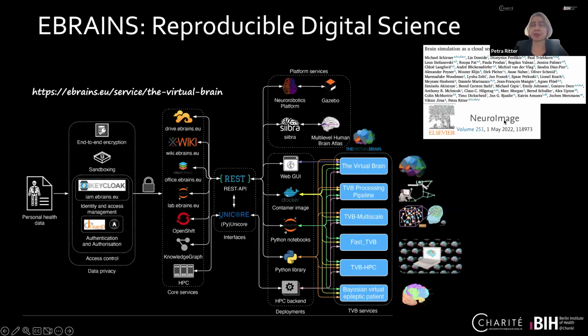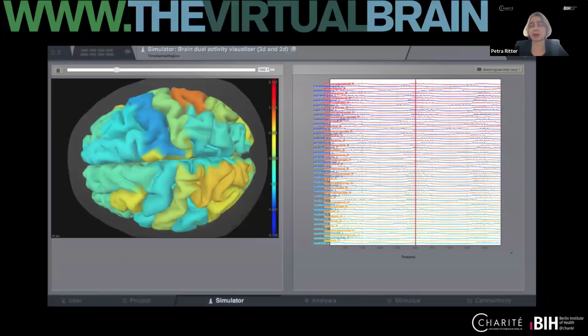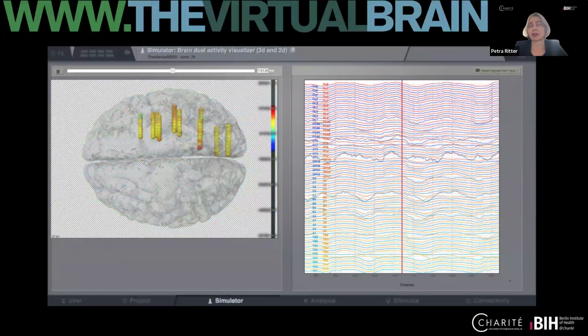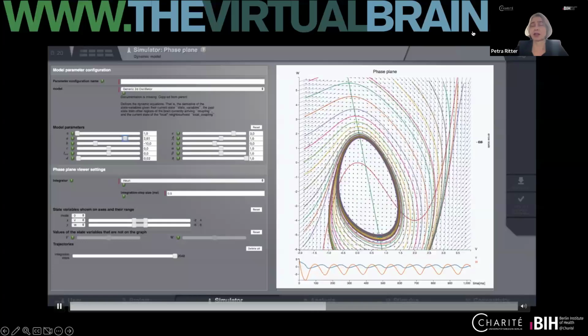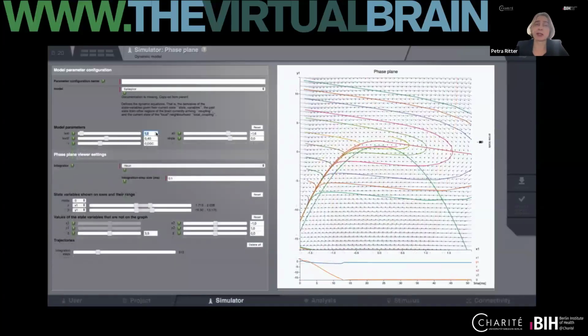So this is described in this publication in case you want to see the details, but I give you a couple of examples. The core software, the virtual brain, that you can also find under the URL thevirtualbrain.org, can be directly accessed on eBrains. So this is a graphical user interface. Here you see the URL. Excuse me.